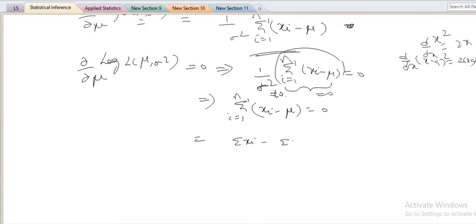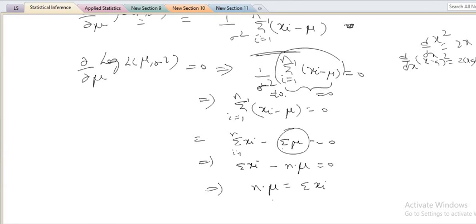Summation xi minus summation mu equals 0. How many times are you adding mu? n times, a constant. So you get n into mu equals summation xi. Mu equals summation xi by n, that is x bar.